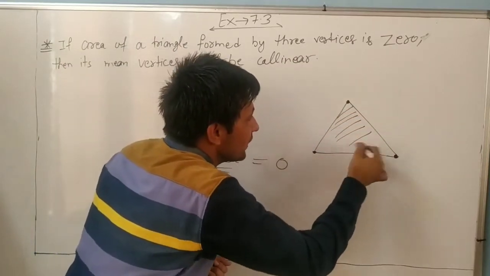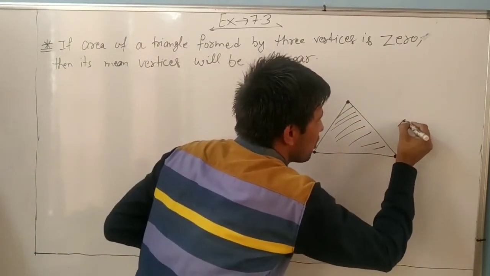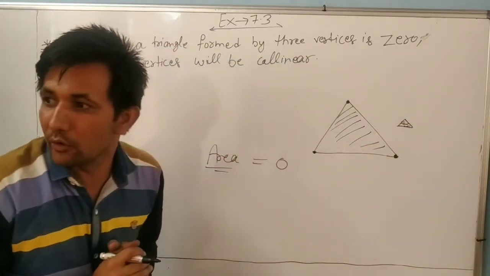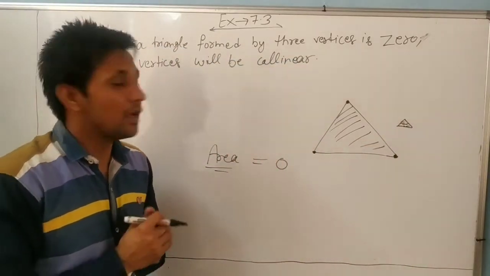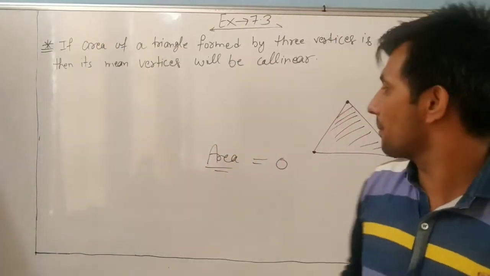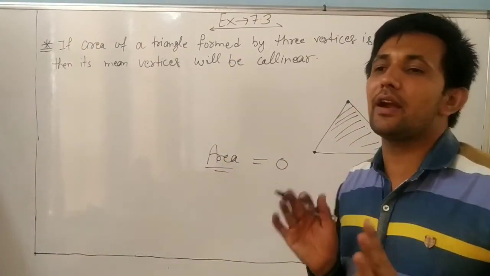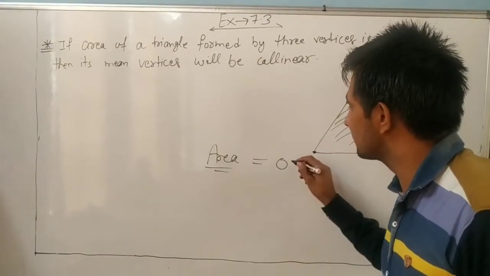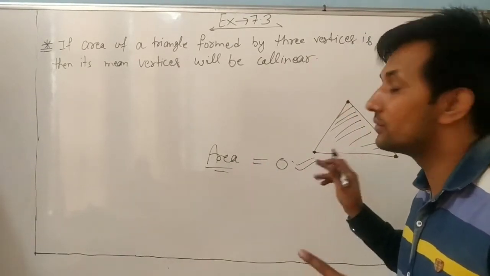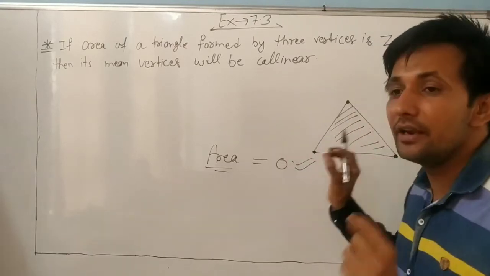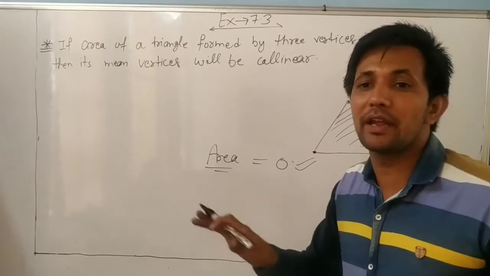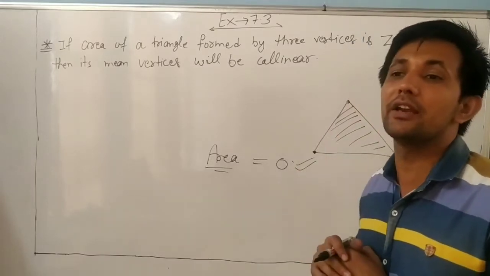If we make a very small triangle, then there is also some area. So always remember, if any time the area of a triangle comes 0, it means, dear, by using these 3 points we cannot make a triangle. It is not a triangle.